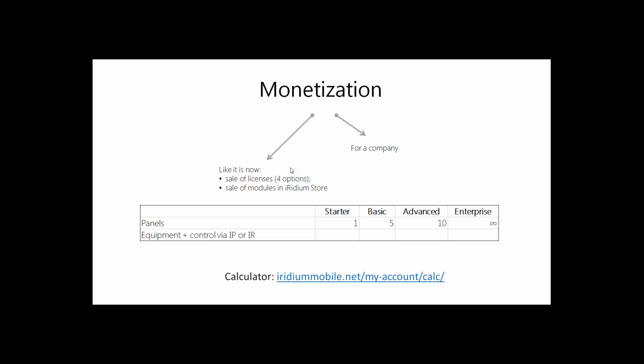They are sold in the iRidium store, module by module. For example, just one module for one project, as well as there will be an option to buy a module for a company. For example, we have a company who is busy with hotel projects, and they have projects where they automate rooms, hundreds and thousands of them. So it will be cheaper for them to buy a module for a company, and actually this option will have the pricing of 10 enterprise licenses.